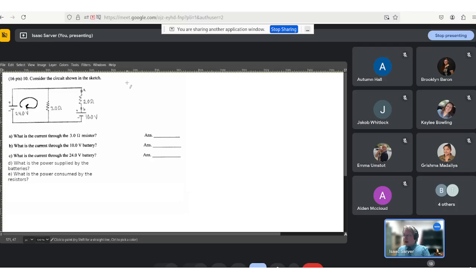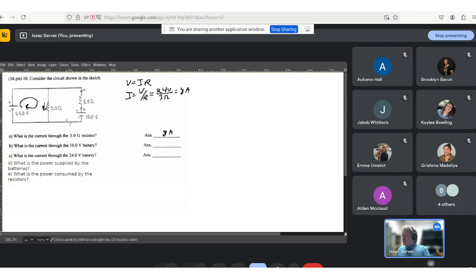We have V equal to IR, so I is equal to V over R. That'll be 24 volts divided by 3 ohms, which is 8 amps. And that'll be going this way.